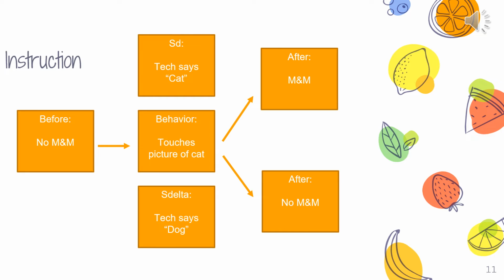The top contingency here is reinforcement, and the bottom contingency is extinction. You would expect the student's response of touching the cat in the presence of the technician saying cat to increase, and touching the cat in the presence of the tech saying dog to decrease.